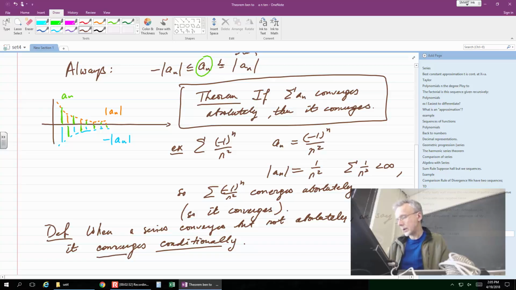It is not a common occurrence in a sense, but it does happen. Most of the time we will rely on absolutely convergent series.